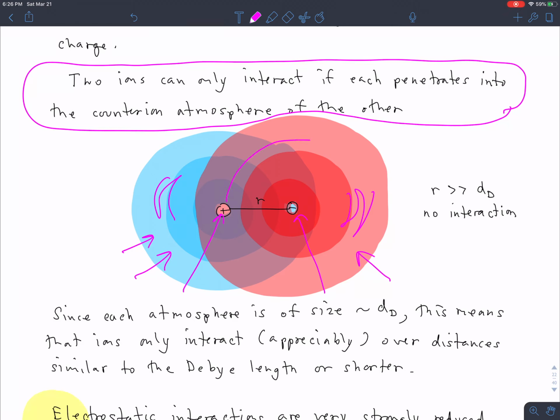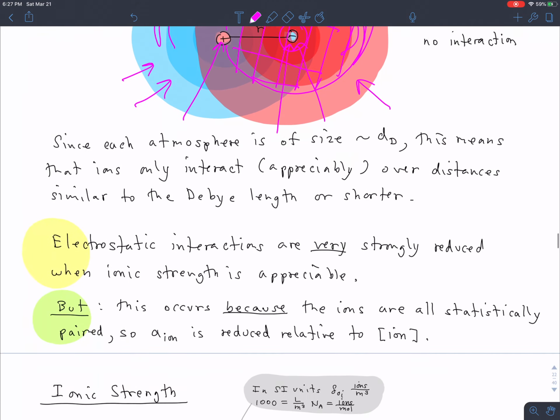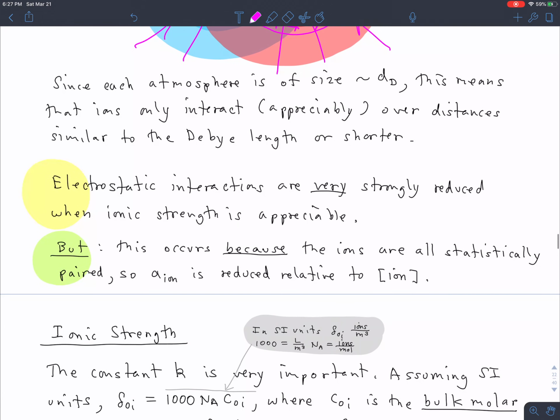This plus charge only sees the net charge that's inside this whole inner sphere. In other words, all this countercharge here is largely canceling most of the charge on this negative ion here. So even when they do penetrate inside each other's counterion atmosphere, the interactions tend to be weak. And so, bottom line from this whole section, the electrostatic interactions are very strongly reduced by screening.